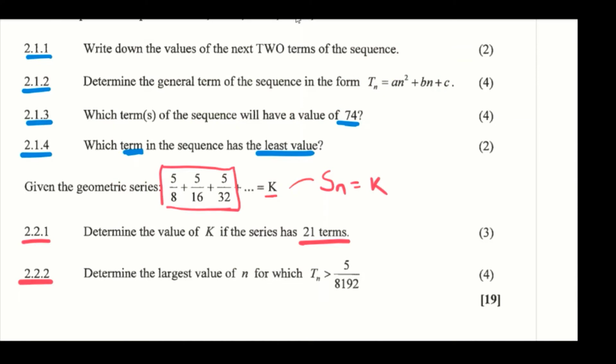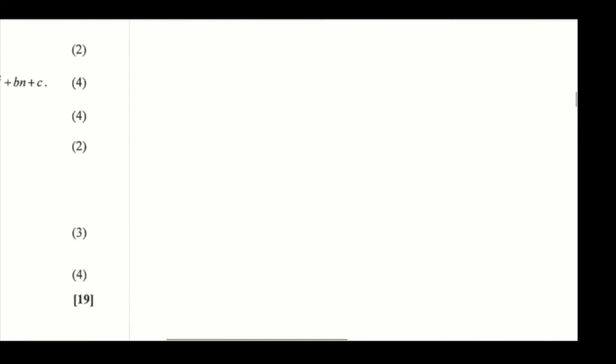2.2.2 says determine the largest value of n if Tn is greater than 5 over 8192.